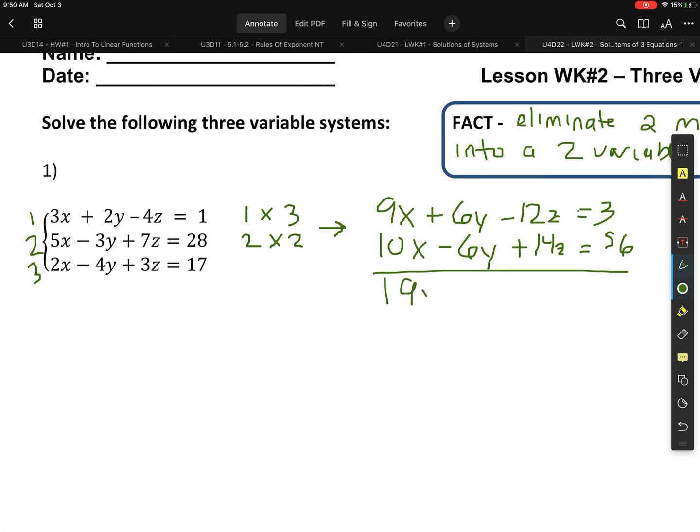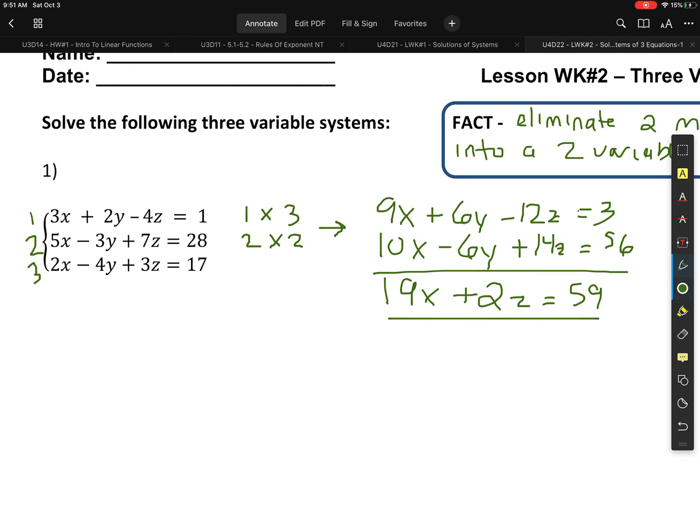That leaves me with 19x plus 2z equals 59. So there I have it. There's my xz equation. Now I need to use equation 1 and 3 or equation 2 and 3 to do the exact same thing. Eliminate y.